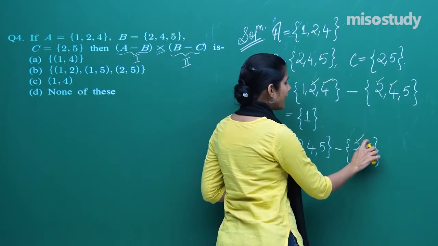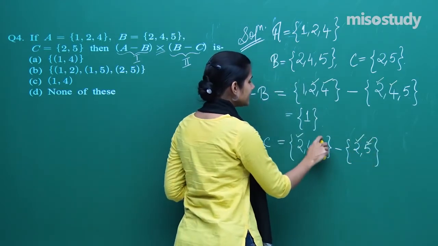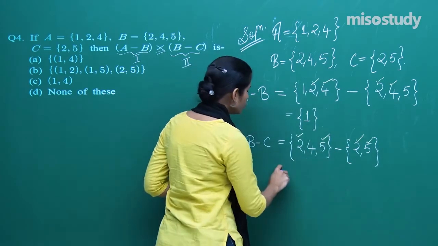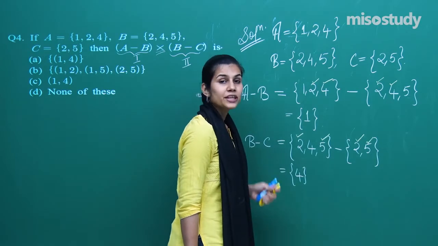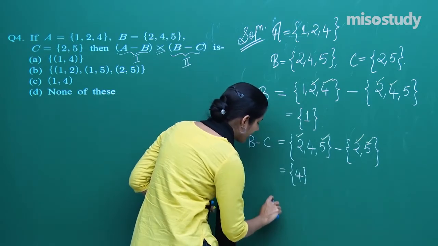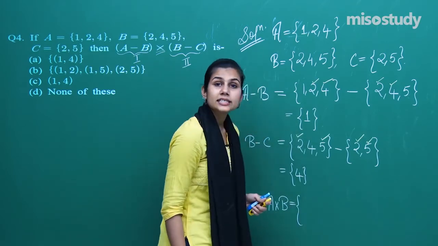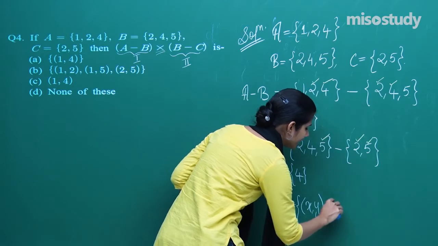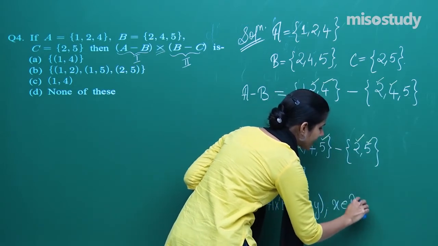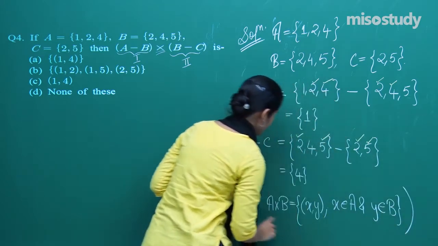Both the members of C, 2 and 5, are sitting in B, so remove them, and you get this. And then you know what I mean by, arbitrarily, A cross B. It is the set of all those ordered pairs (x, y) where x is coming from A and the second component comes from the second set.